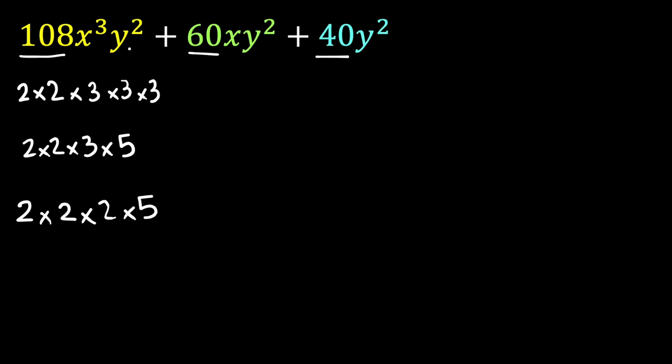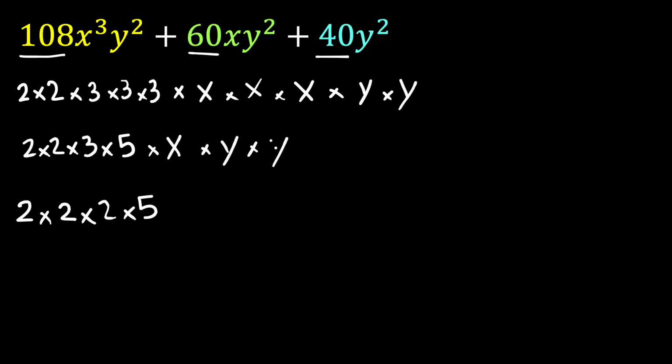So for the first term, we have 3 times 3 times 3 times x times x times x, and then times y times y. For the second term, we have one x and 2 y's. And for the third term, we have only 2 y's.